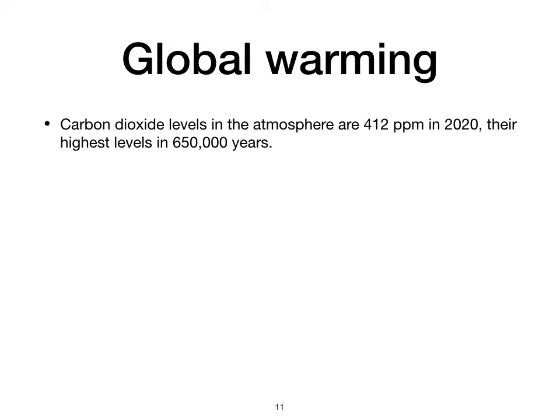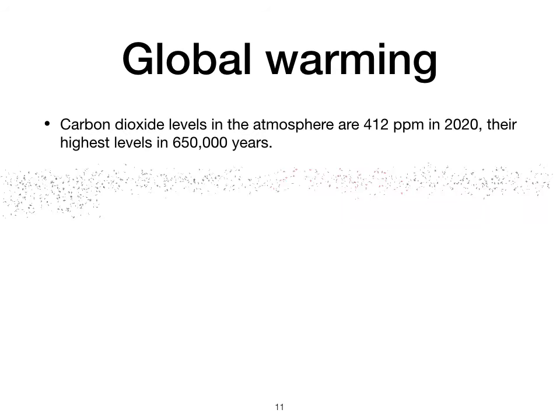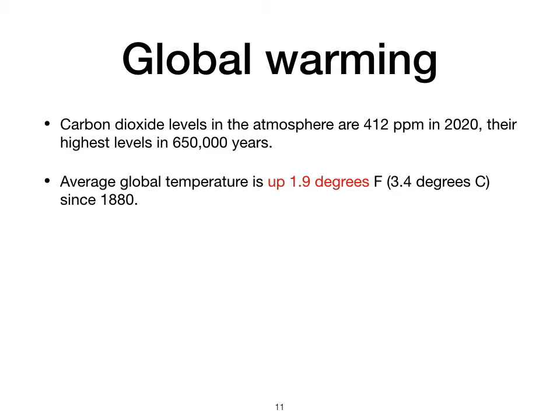Similarly, the global Earth temperature is up by 1.9 degrees Fahrenheit, which is more or less 3.4 degrees Celsius since 1880. So in 140 years, the temperature of the Earth has risen by 3.4 degrees Celsius.